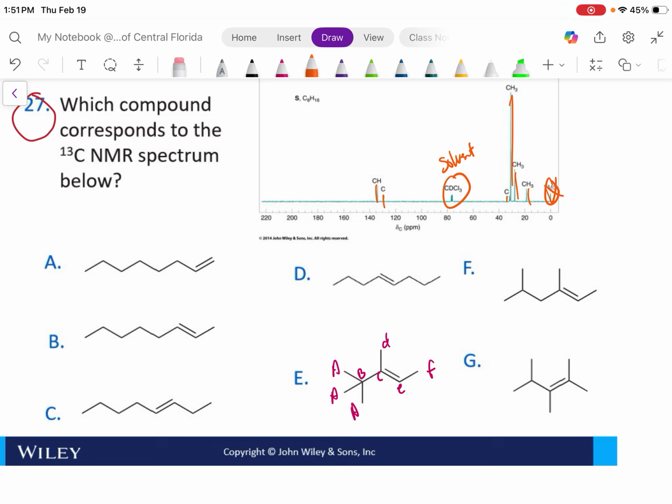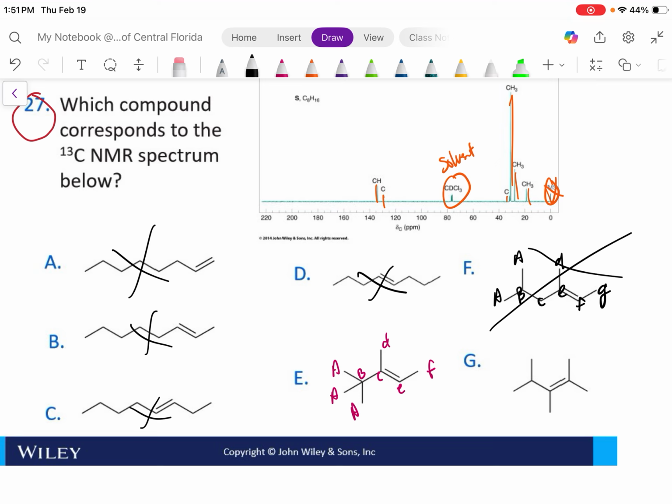And so if we did that, we could, off the table, just get rid of this guy, because there's more than 6 carbons that are going to give separate signals. Same with that one, same with that one, same with that one. That's off the table. And then when we look at F, there's A, B, C, D, E, F, G. So that's off the table.